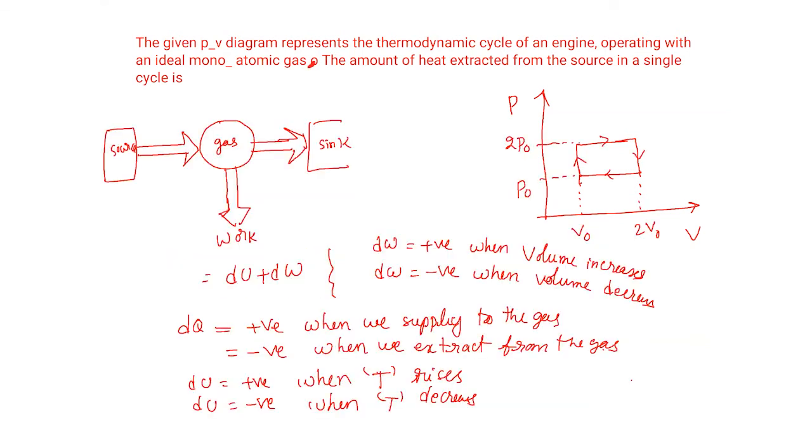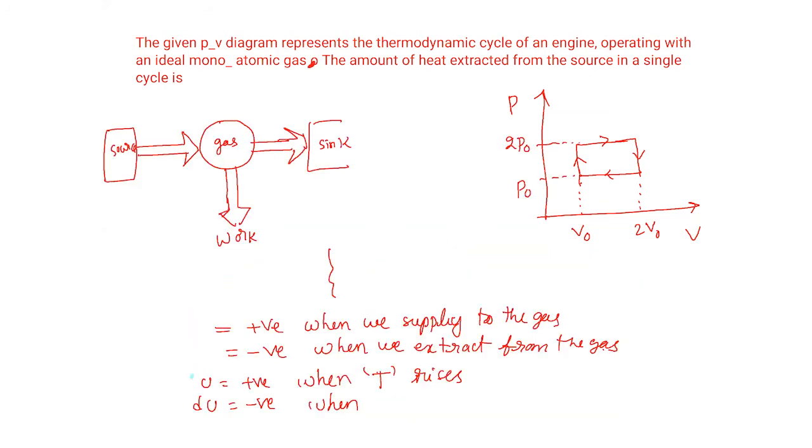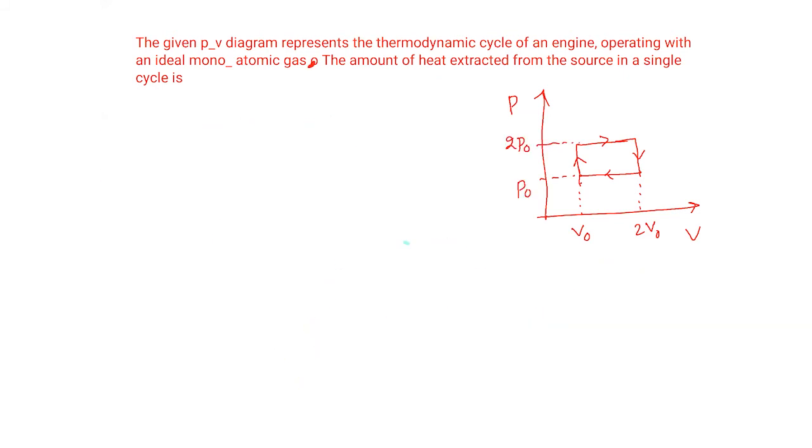Now, when they ask the amount of heat extracted, it means the amount of heat supplied to the gas, only the positive value. They're not asking for the negative dQ value. Now for each process, you have to apply the first law of thermodynamics. Actually it is a cyclic process.